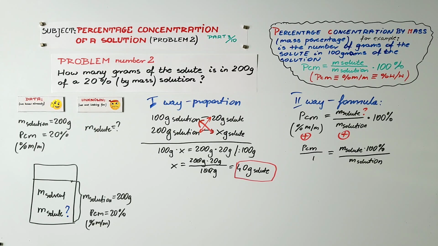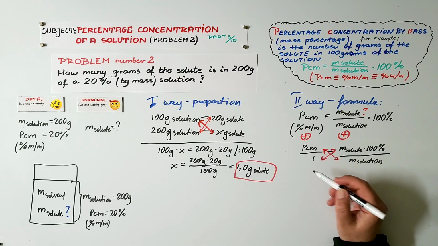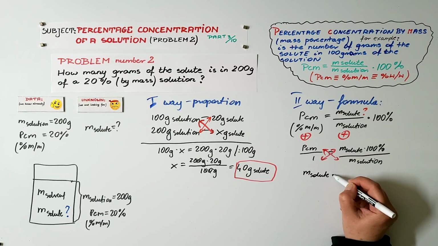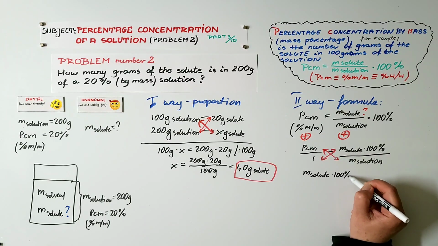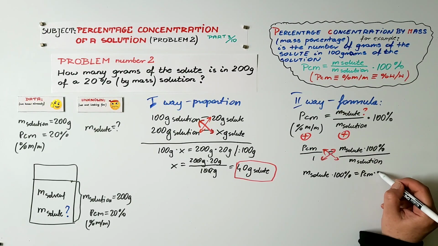So now, how to calculate mass of solute? By cross multiplying. So mass of solute times 100% equals percentage concentration by mass times mass of solution.